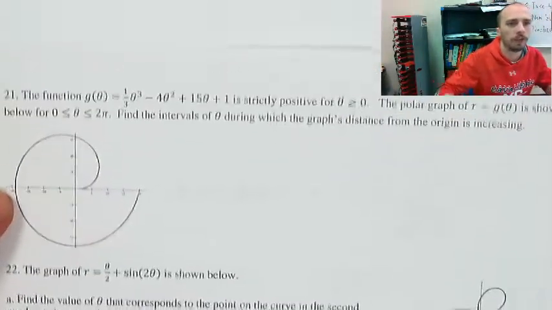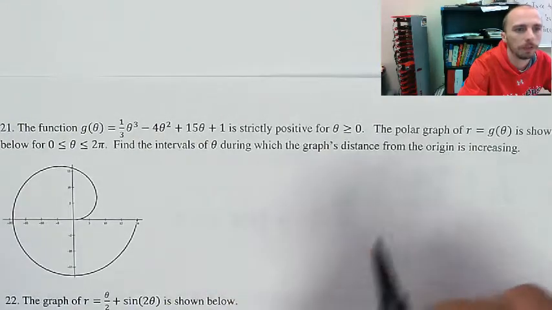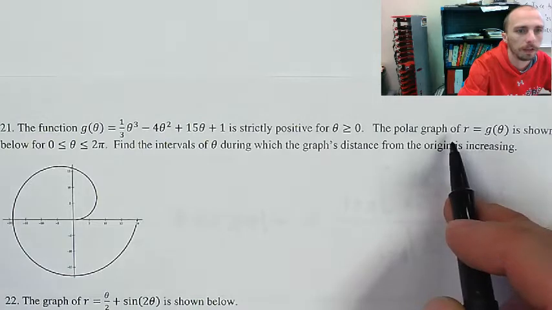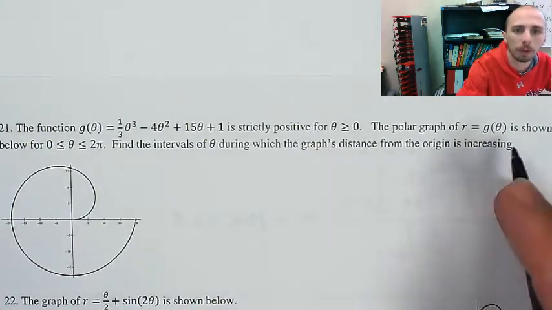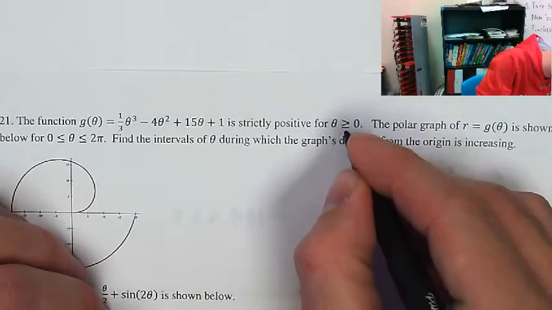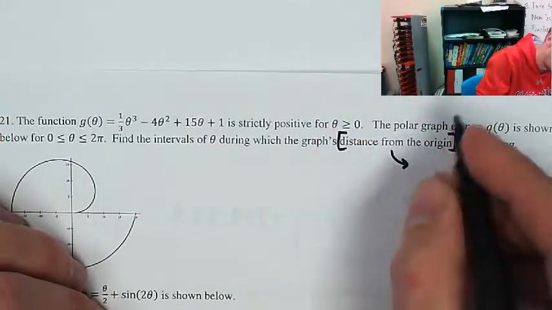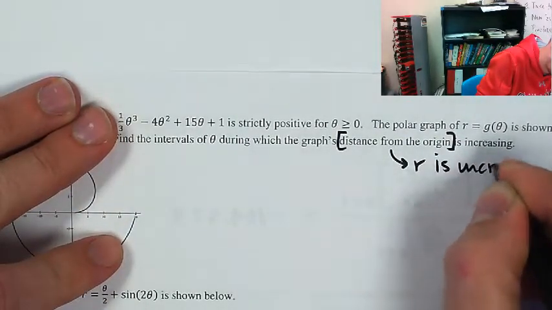The function g is strictly positive for theta greater than or equal to 0. The polar graph of r equals g of theta is shown below. Graph's distance from the origin is increasing. All right, got to unpackage this. Distance from the origin, with that, they mean r. So r is increasing.